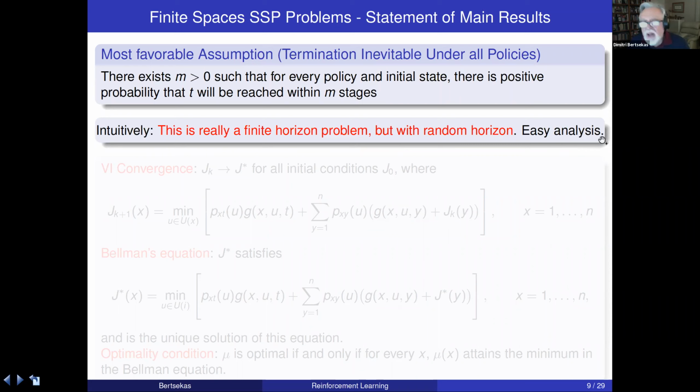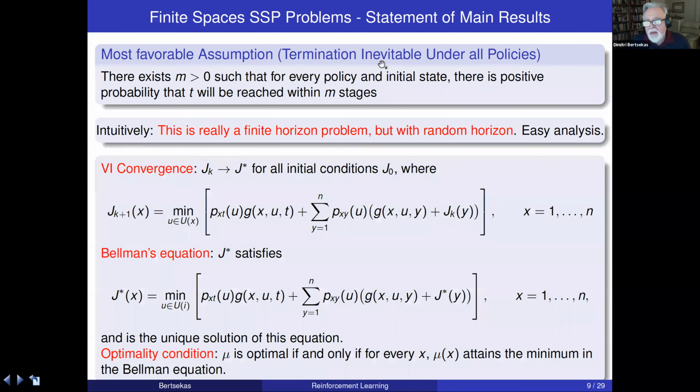The analysis is relatively easy, and the results that you get are the 3 theorems with no exceptions other than this assumption. Value iteration converges for all initial conditions.